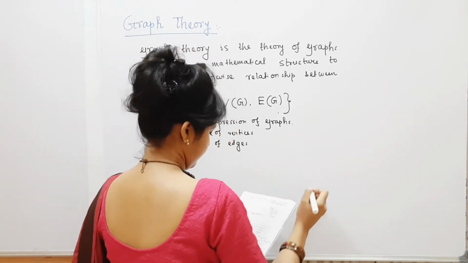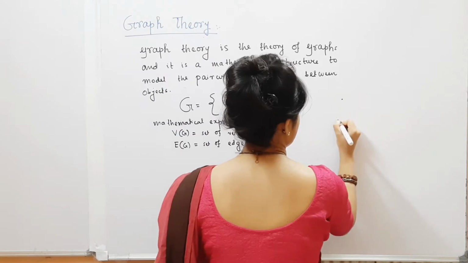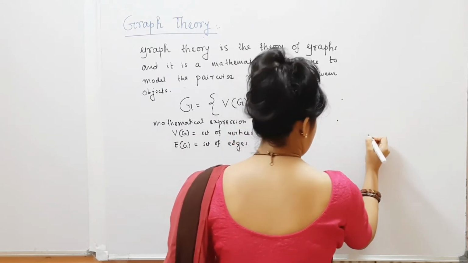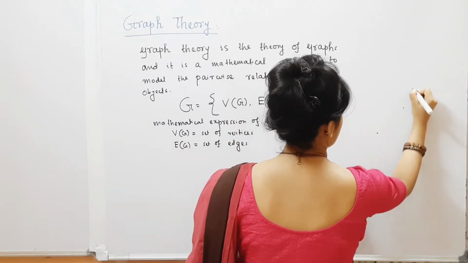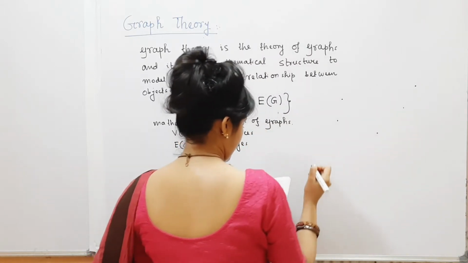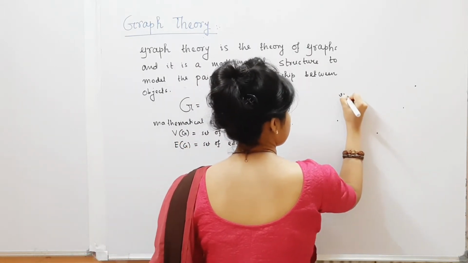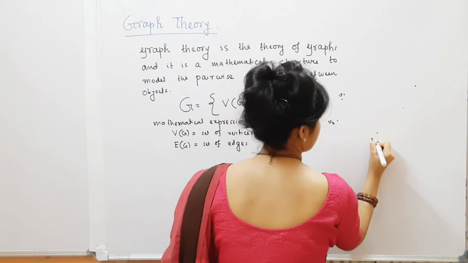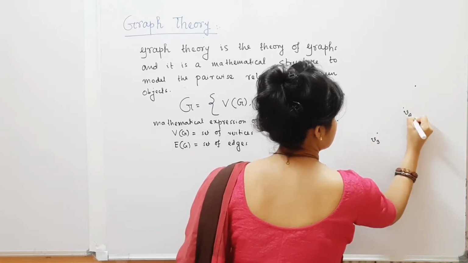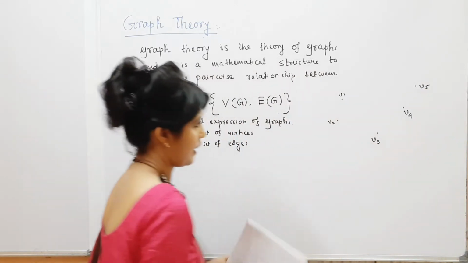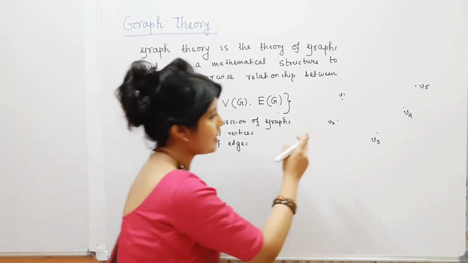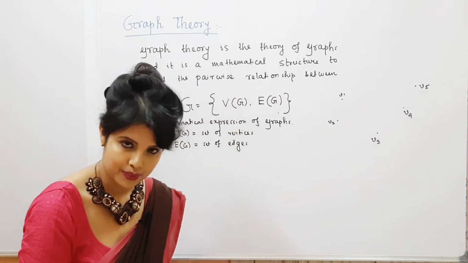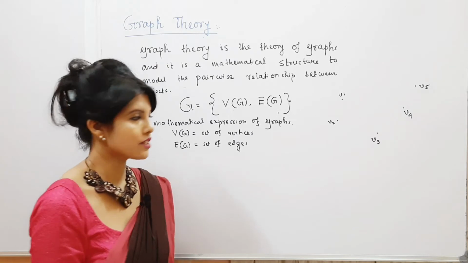Let me draw this. Suppose this is V1, this is V2, this is V3, this is V4, and this is V5. So there are 5 vertices in the graph. Now there should be some edges, obviously.